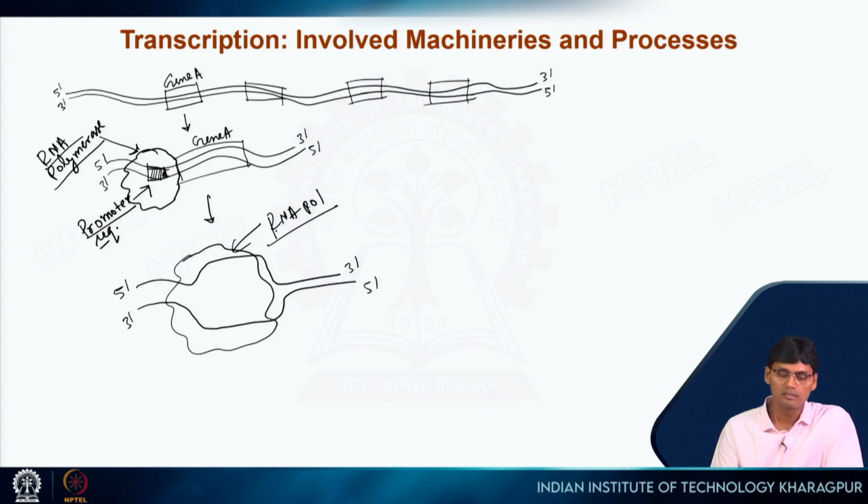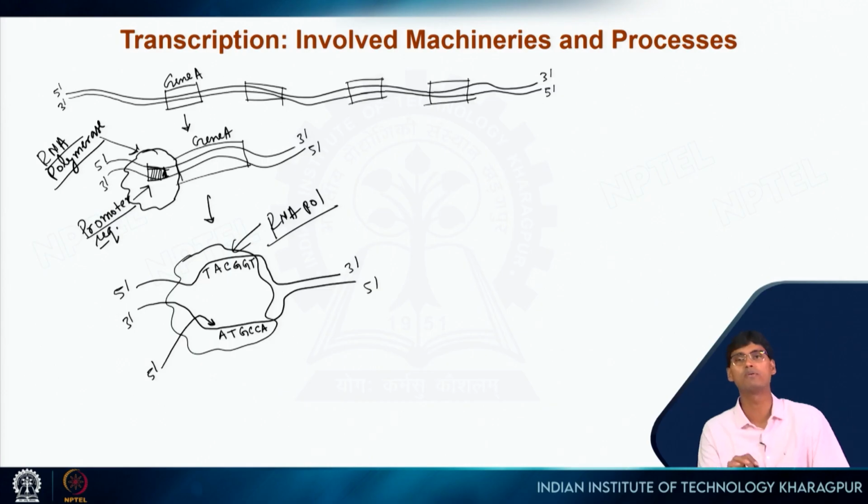Now, the synthesis of RNA is similar to DNA synthesis: it will always grow in the 5 prime to 3 prime direction. So whatever sequence is present in the template, the RNA will be synthesized accordingly. For example, in this DNA, if the sequence in this strand is A, T, G, C, C, A, the complementary strand sequence should be T, A, C, G, G, T, and we can continue like this.